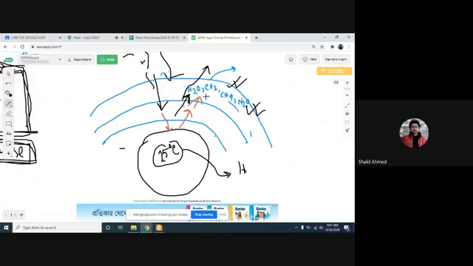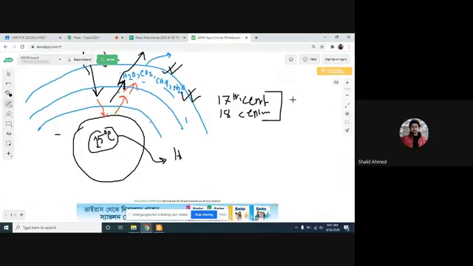The problem is that since industrialization, the first and second industrialization, especially in the 17th and 18th centuries, human beings started using fossil fuel a lot.